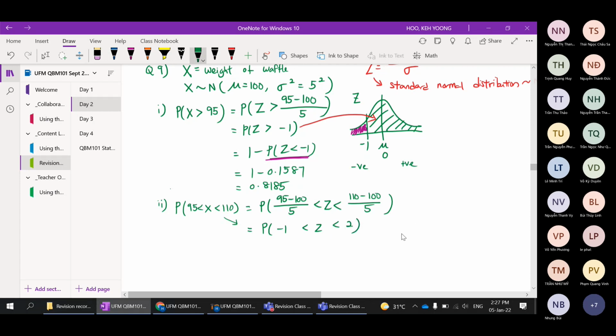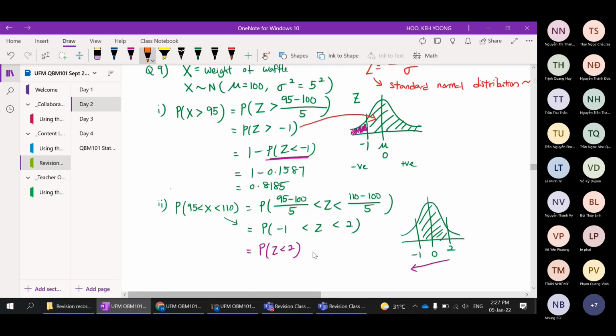The area that you want to find now, the middle is always 0, is between -1 and 2. To find these shaded areas, you take z less than 2, the area less than 2.